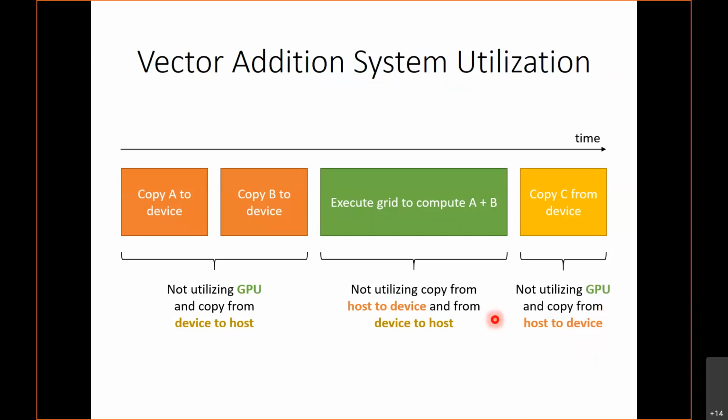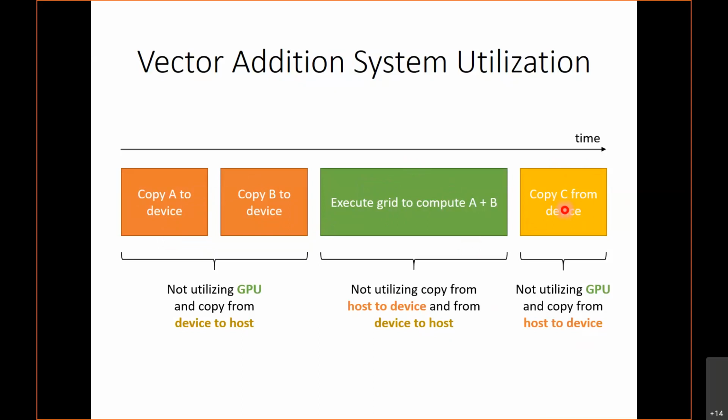Right, exactly. So rather than copying all of A and B and then computing and then copying all of C back, we can copy part of A and B, and then while we're computing on that part, we can copy another part of A and B. And then while we're computing on the other part, we copy a third part of A and B. And all that time, we're also copying back the parts that we're done computing.